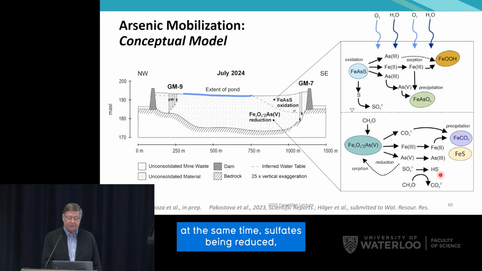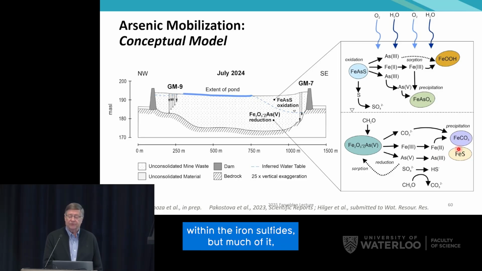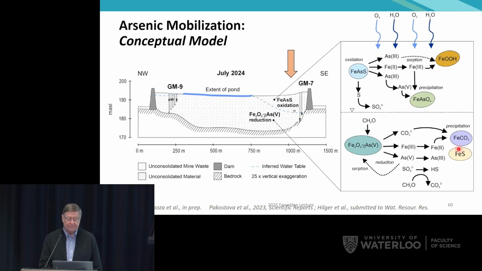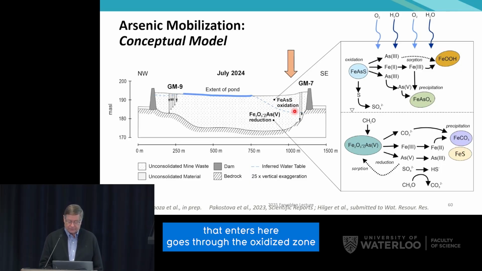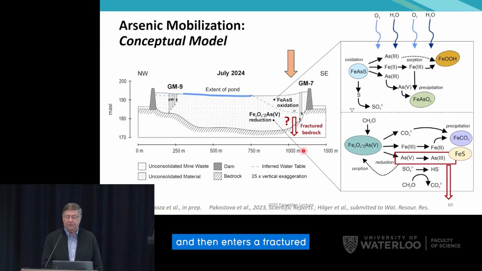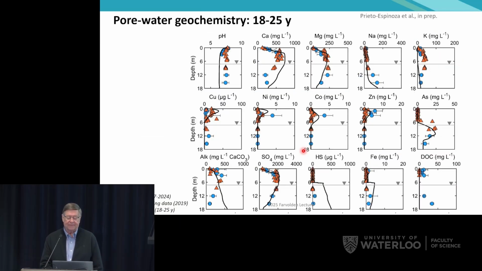At the same time, sulfate is being reduced by the action of the sulfate-reducing bacteria. Some of the arsenic is incorporated within the iron sulfides, but much of it is transported through the water column. So infiltration that enters here goes through the oxidized zone and through the reduced zone, accumulating arsenic along the flow path, and then enters the fractured rock flow system and then into the underground workings.